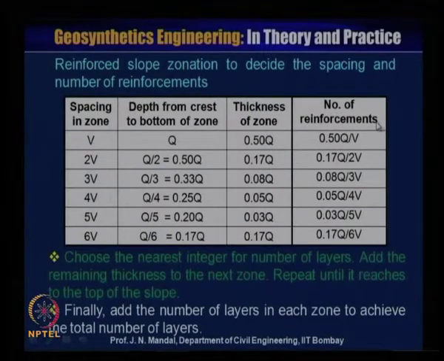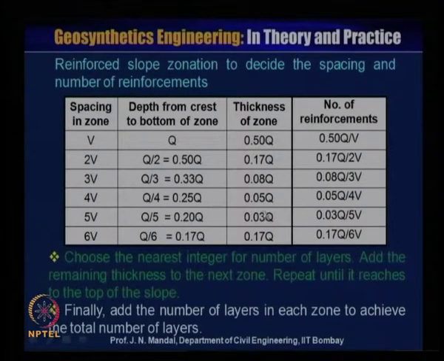Now, how many reinforcements? The number of reinforcements will be 0.50 Q by V, 0.17 Q by 2V, 0.08 Q by 3V, 0.05 Q by 4V, 0.03 Q by 5V, and 0.17 Q by 6V.